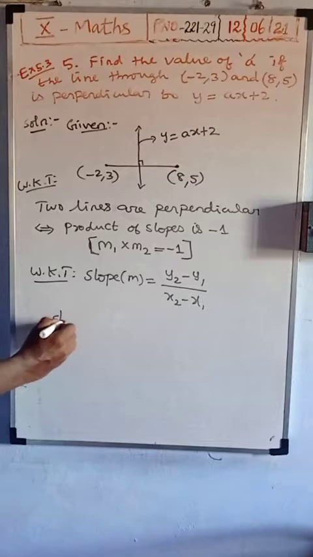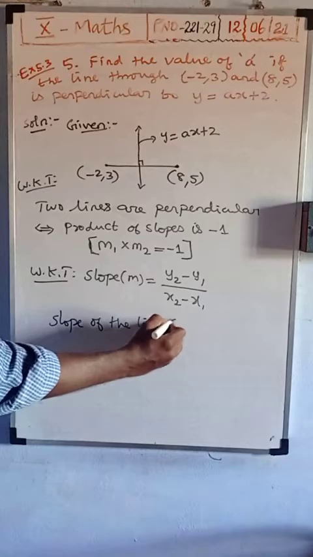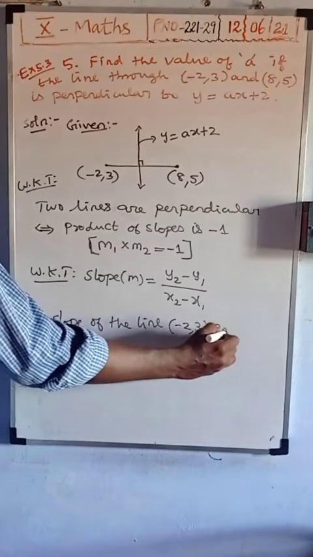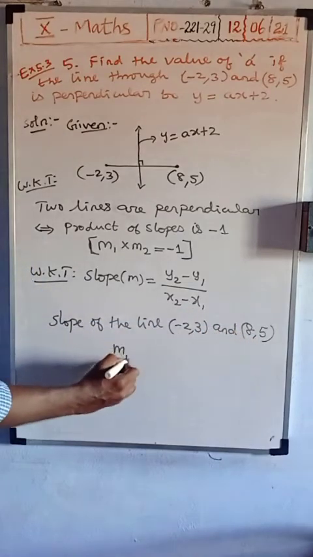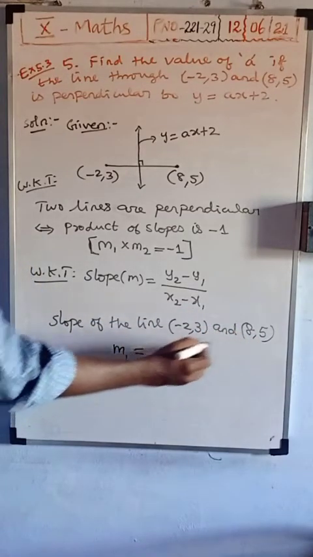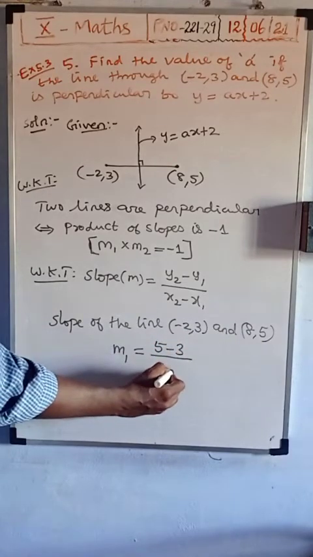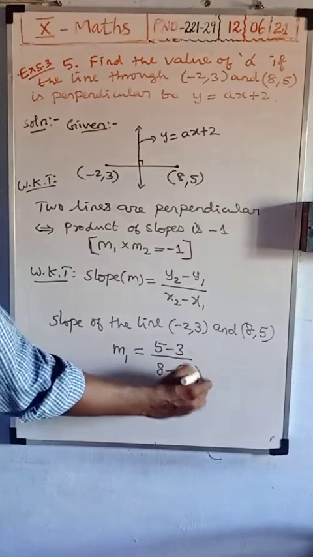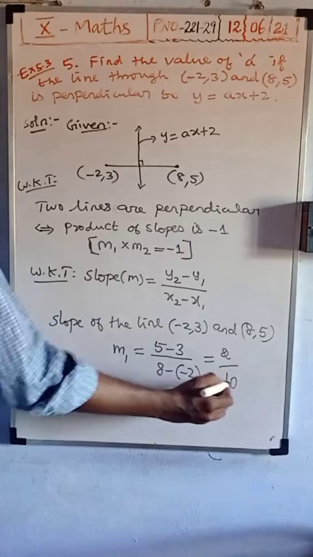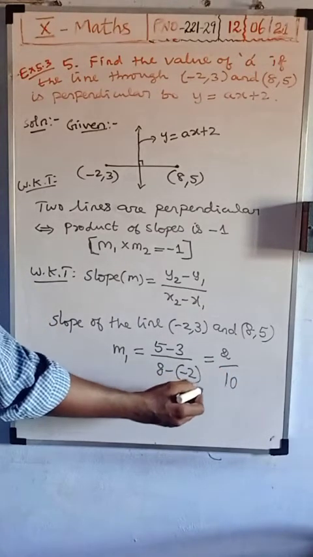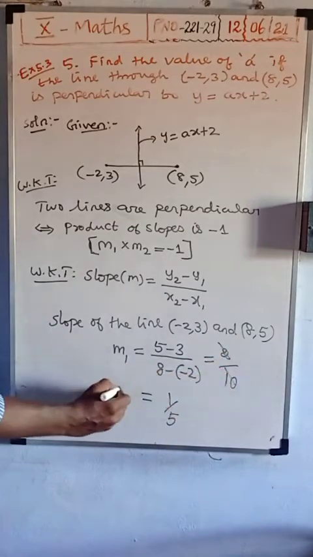The slope of the line through minus 2 comma 3 and 8 comma 5, you choose as m1. m1 is equal to y2, 5 minus 3 y1, divided by x2, 8 minus of minus 2. Now 5 minus 3 is 2, divided by 10. Yes, minus into minus is plus, so 8 plus 2 is 10. So 2 by 10 cancels, 1 by 5. So this is m1.